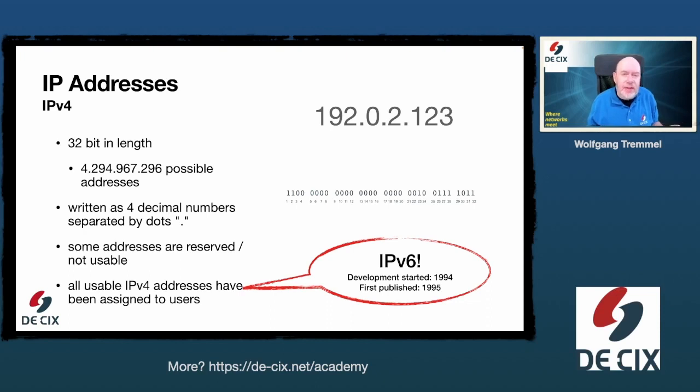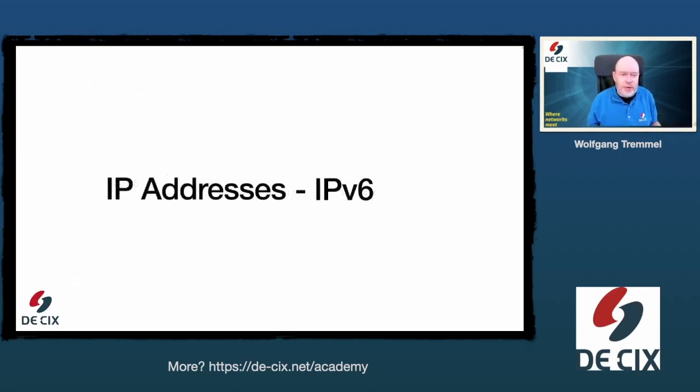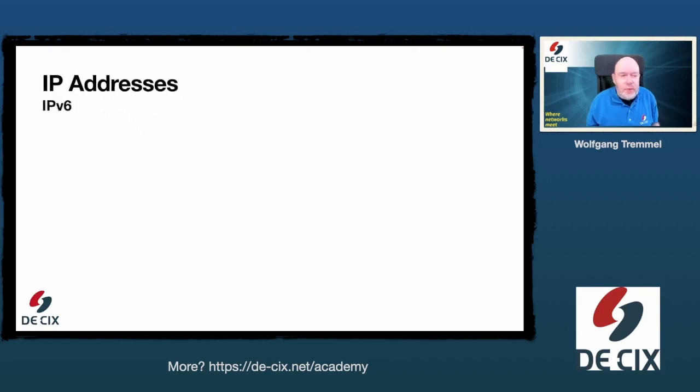And IPv6, some people say that's the new IP protocol. Well, it was first published in 1995, so it's not that new anymore. Talking about IP version 6 addresses. Well, 128 bits in length.